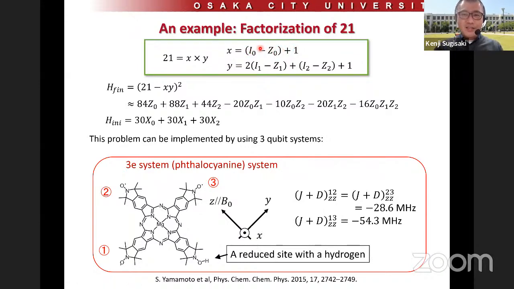So identity minus Z0: if the qubit is in the 0 state, the eigenvalue of the Pauli Z is +1, so in this case, this term becomes 0. If the qubit is in the 1 state, the eigenvalue of the Pauli Z is -1, so in this case, the I0 minus Z0 gives the eigenvalue 2.